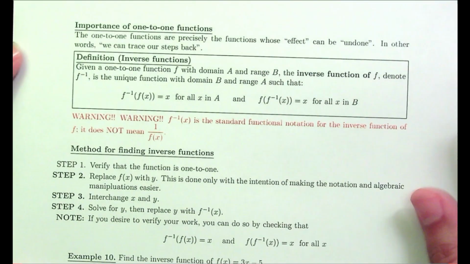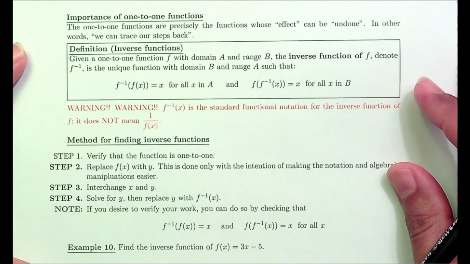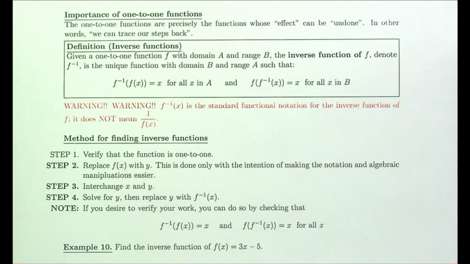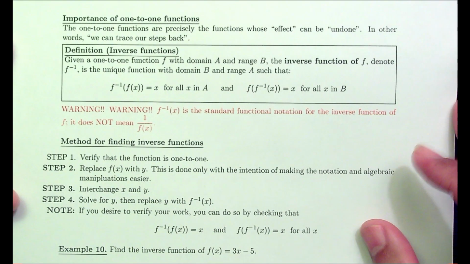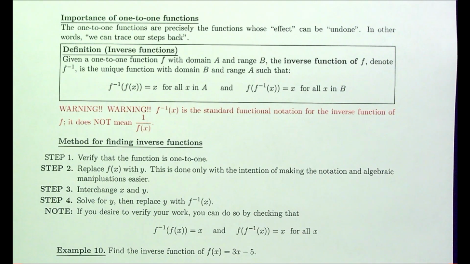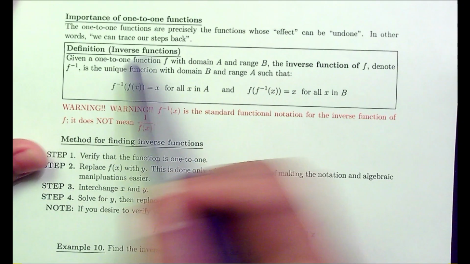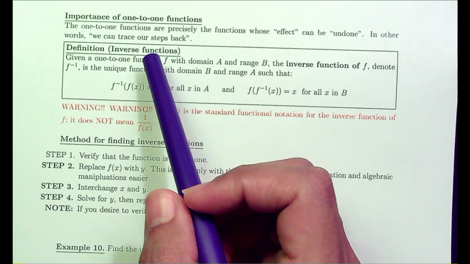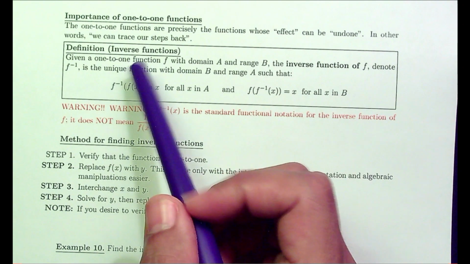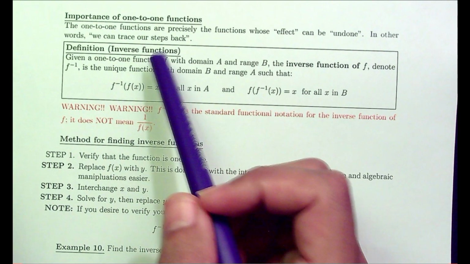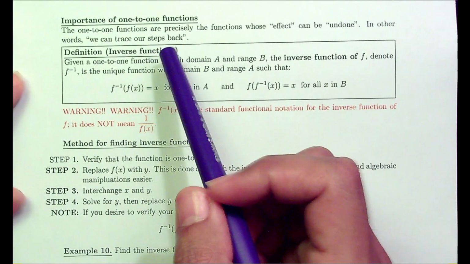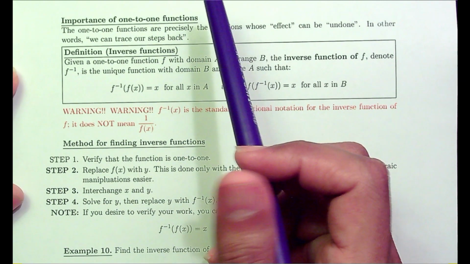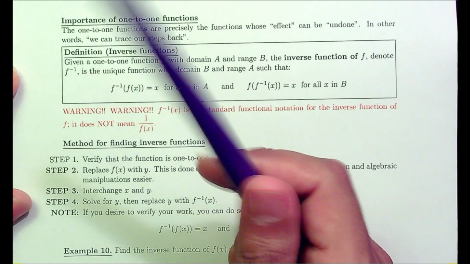So that's kind of important. It's an important property for a function to have: you can undo things. You can trace your steps backwards. That's also always a nice thing to be able to do. Okay, so those functions that are one-to-one or injective, you can undo this. And you can undo it by means of another function, which is called the inverse function.